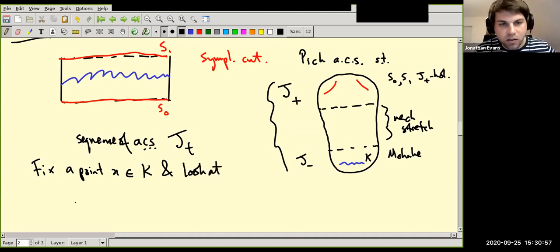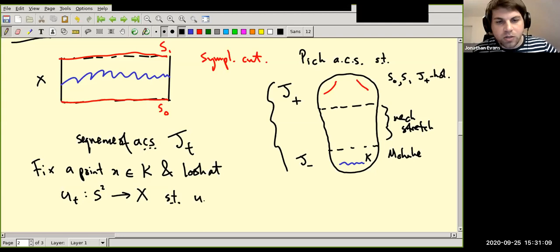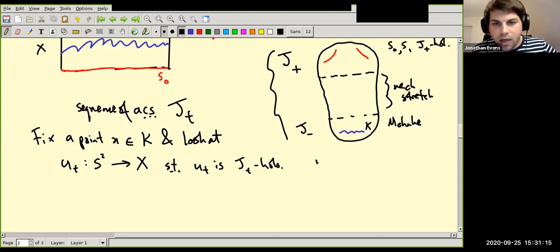U_T, which is the unique J-holomorphic curve in this symplectic cut manifold, which I'll call X, S2 times S2, such that, so U_T is J-holomorphic, let's say J_T holomorphic. U_T of 0 is going to live in S0, U_T of 1 is going to live in S1, and U_T of infinity is going to be the point X in the Klein bottle.